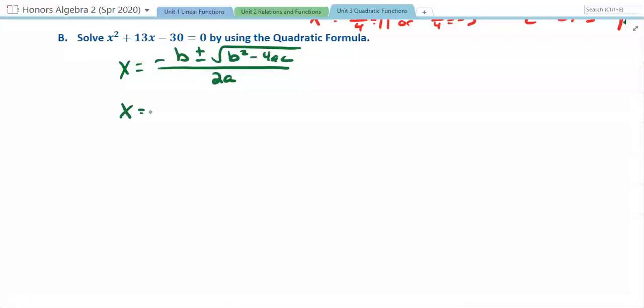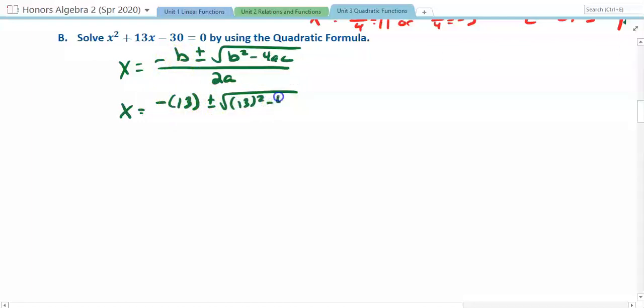Again, the visual people will appreciate this more than some others. And so negative of 13, the opposite of 13 there, plus or minus 13 squared. And again, this is why you need parentheses around everything you substitute when you first do it, because signs matter, over 2 times 1.